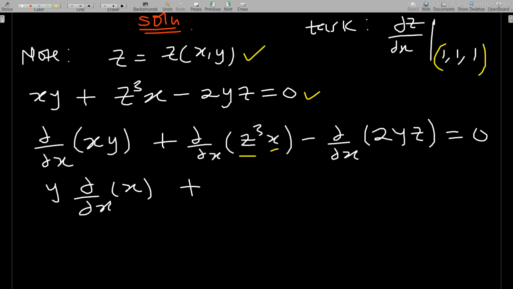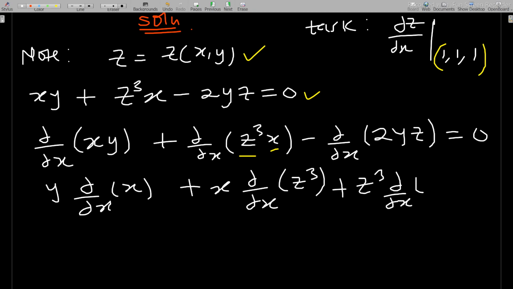So what you can do here is, since you have a product of two functions, you apply your product rule to this one. First of all, we keep x, then we differentiate the z cube with respect to x, then plus we keep the z cube, then we differentiate the x with respect to x.